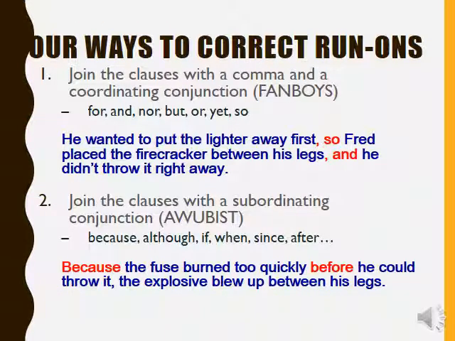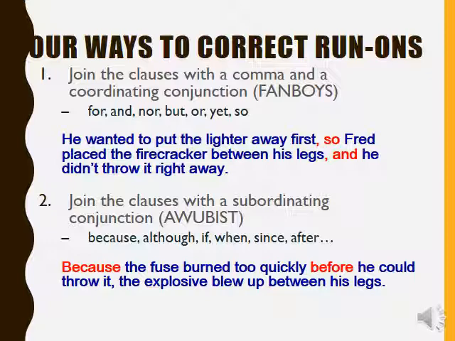Now, what are the ways that we can correct run-on sentences? Let's see. First of all, we can join the clauses with a comma and a coordinating conjunction like the FANBOYS. The FANBOYS are for, and, nor, but, or, yet, and so.